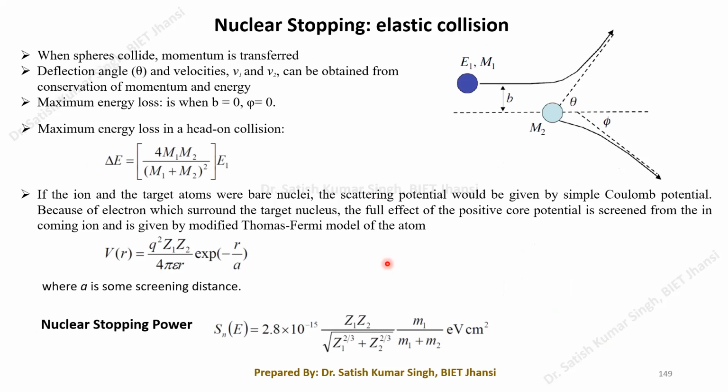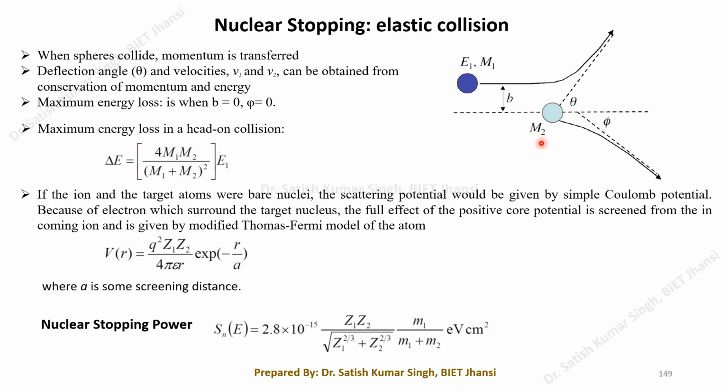Let us suppose we have a particular ion whose initial energy is E1, and its initial mass is m1. We have another nucleus whose mass is m2.